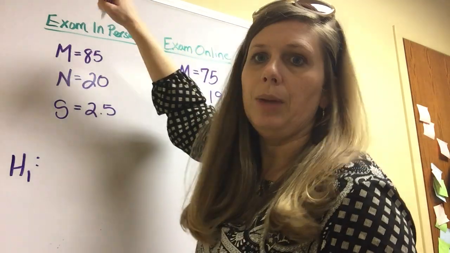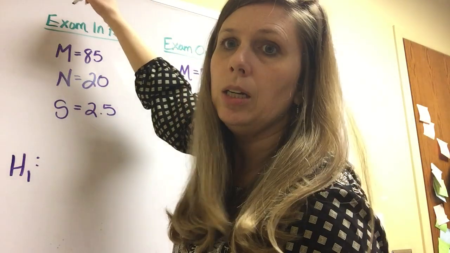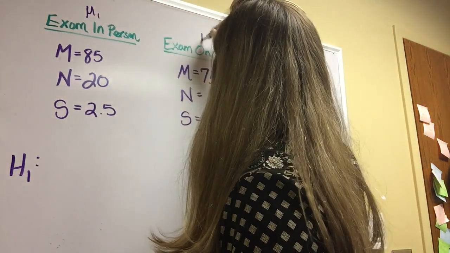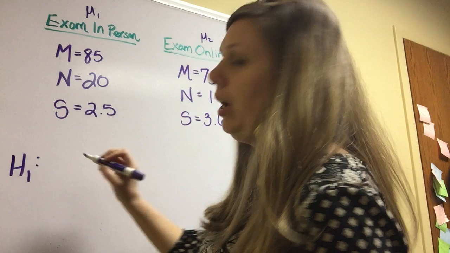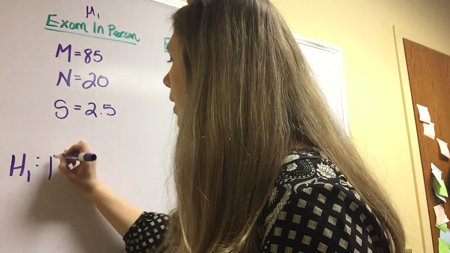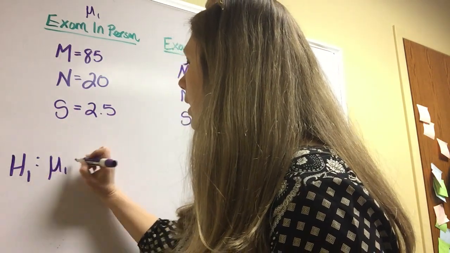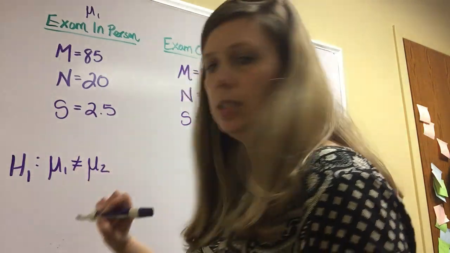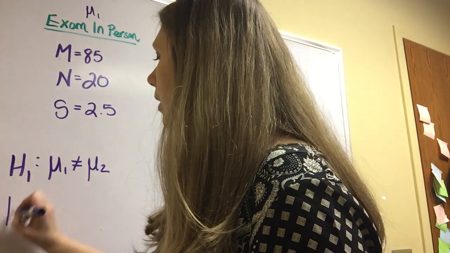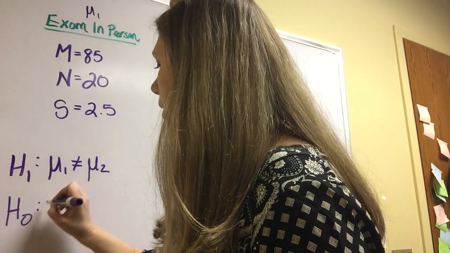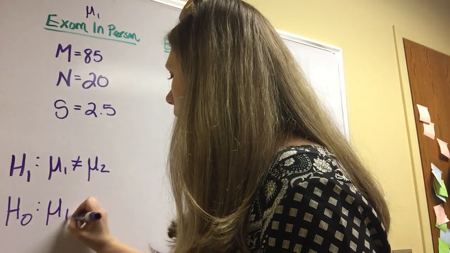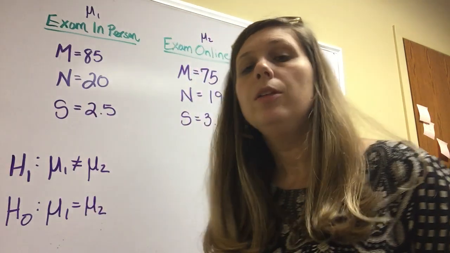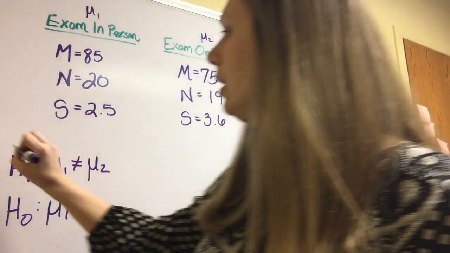Let's imagine my in-person people are my mu1 people, and my online people are my mu2. So mu1 is not equal to mu2, because that's my two-tailed hypothesis. And my null hypothesis here will be mu1 is equal to mu2. Okay, that's step one. We've got our hypotheses done.